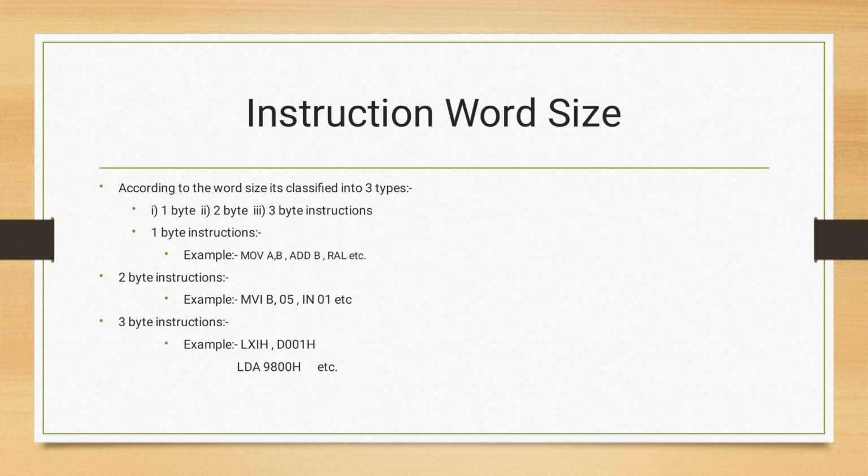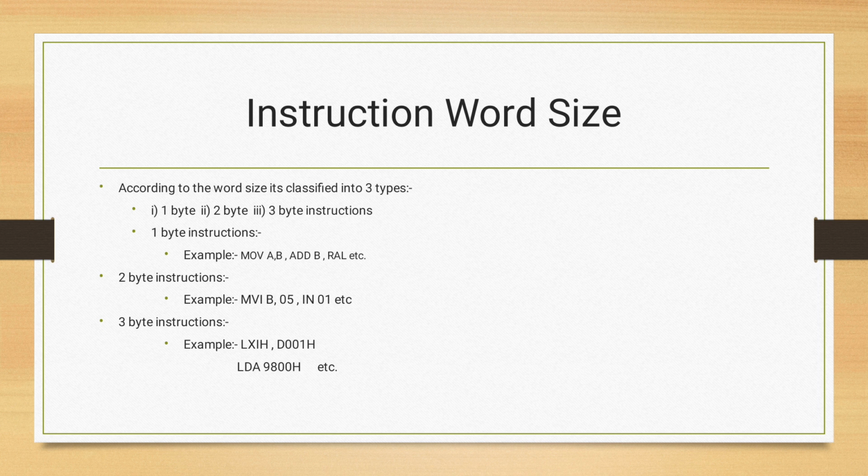LXI H D001 hex means load the HL pair with D001 hex. LXI H has a specific opcode which is 21, and D001 hex will be divided into 2 parts as the data bus is 8-bit. So it will be loaded into the next locations as 01 and D0 in code form.